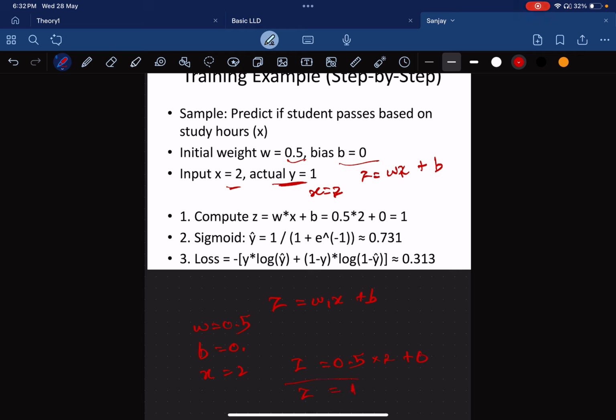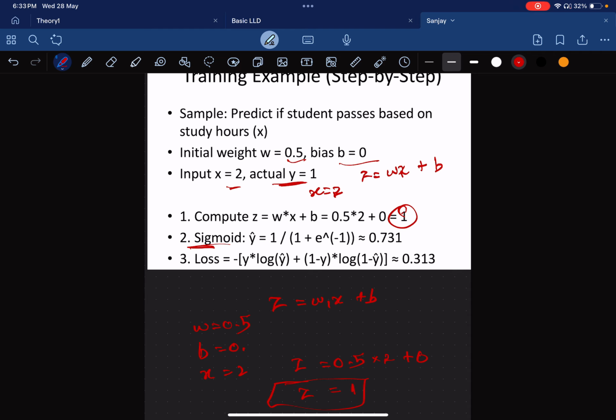Z is 1 here. And we will put this in the sigmoid function. Based on the type, we could use the sigmoid function, a softmax function, or a cumulative logistic function.